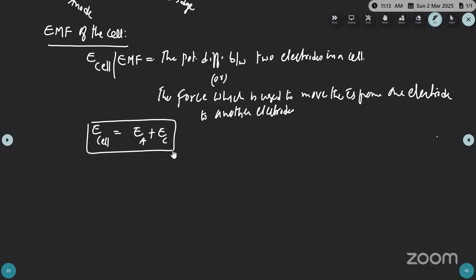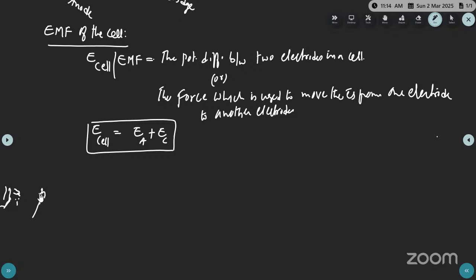Cell potential can be calculated by EA plus EC. What is EA? Potential of the anode. And what is EC? Potential of the cathode. So by taking the potentials of the anode and cathode, we can find out the cell potential or E cell.